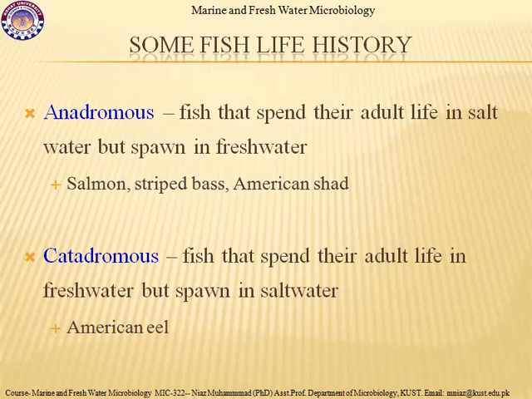And second, catadromous fish spend their adult life in fresh water but spawn in salt water, in marine water. The American eel, for example, lays eggs in salty water, and for adult life goes to fresh water, into rivers.